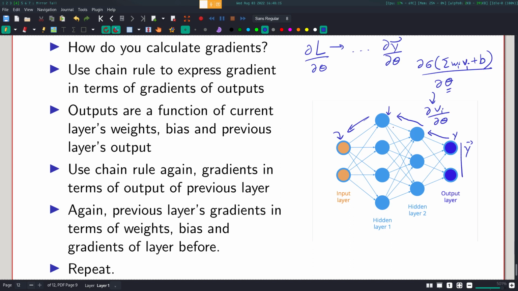But as we go back, slowly we're going to collect terms like these, the various terms corresponding to the gradients of the weights and biases, into this huge expression. Once we have done this entire thing moving backwards, we'll have this huge expression for our gradients, right?